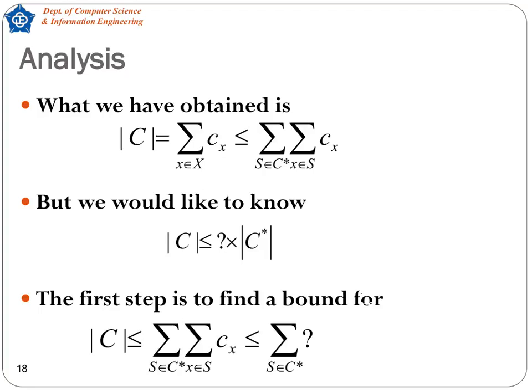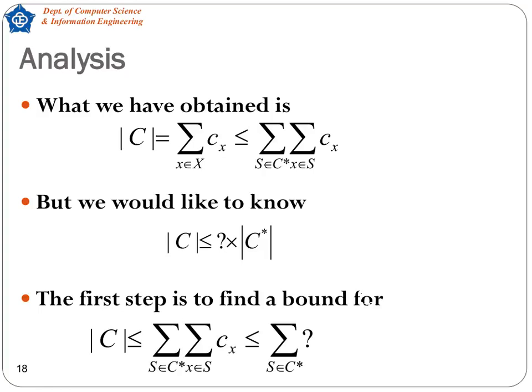Our ultimate goal is to show that this greedy cost is at most a constant factor times the optimal cost |C*|. In other words, we'd like to prove |C| is less than or equal to alpha times |C*|. To get there, we need to collapse that inner double sum into a single term.